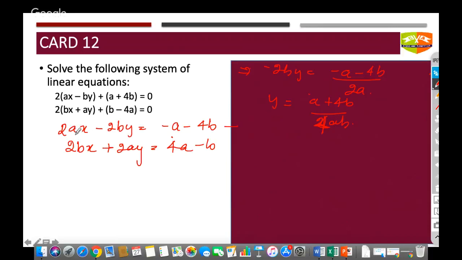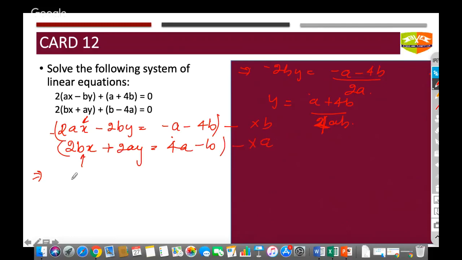What I do is, you look at here, if I multiply this equation with b, this x coefficient would be 2ab, and if I multiply this equation with a, this x coefficient would be 2ab. So it means that I can make the coefficient of x the same at both places, which looks like a feasible solution. So what I do is that I multiply this equation with b, and this equation with a.